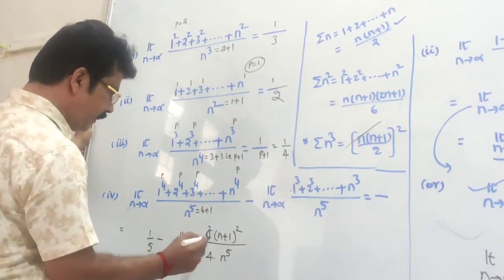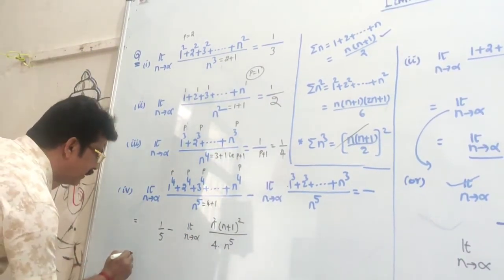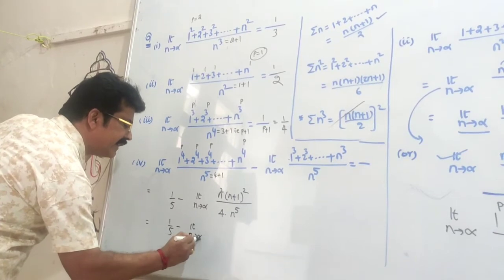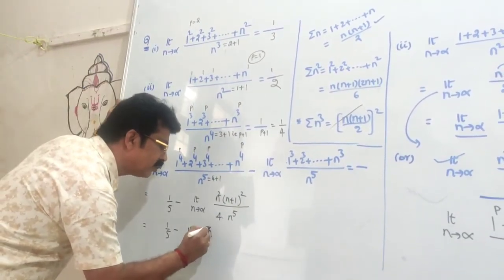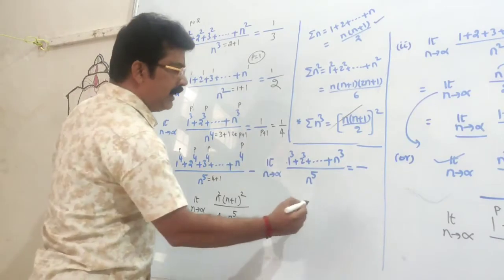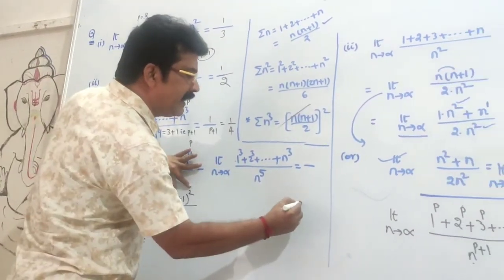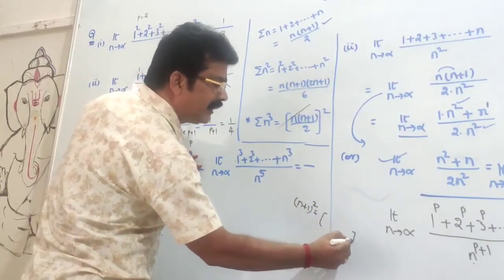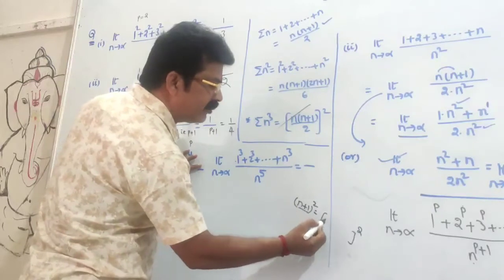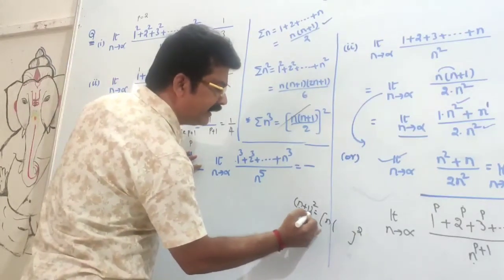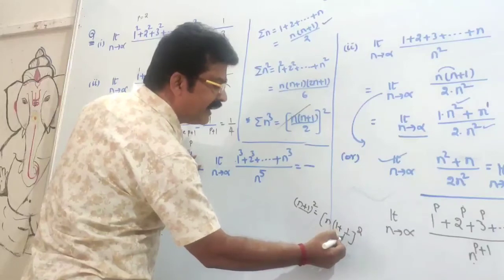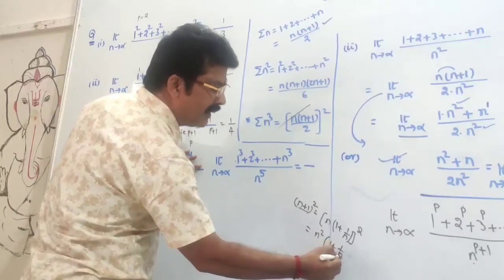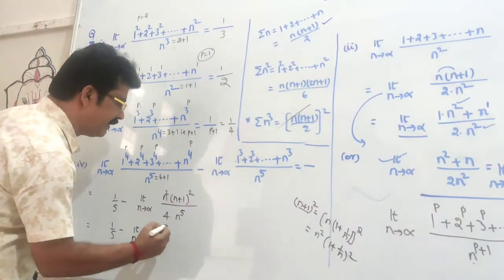Here n plus 1 whole square: square keep the same, in n plus 1 take n common, then it will be n into 1 plus 1 by n. We can write like that. Thus it is n square into 1 plus 1 by n whole square. So that is equal to this one.